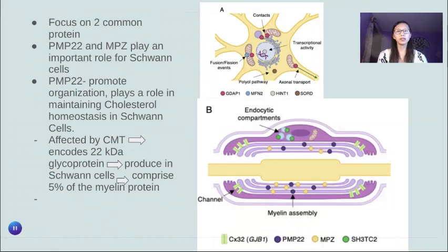Getting to see the bigger picture of an axon, I am going to focus on two common proteins, PMP22 and myelin protein 0. Both proteins play an important role in the Schwann cells. PMP22 promotes organization and plays a role in maintaining cholesterol homeostasis in Schwann cells. They are located right here.